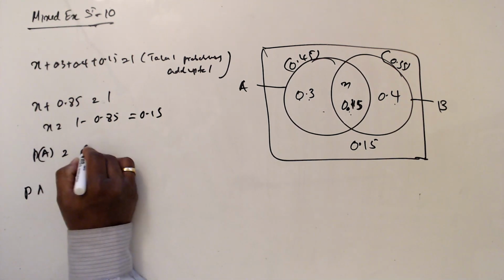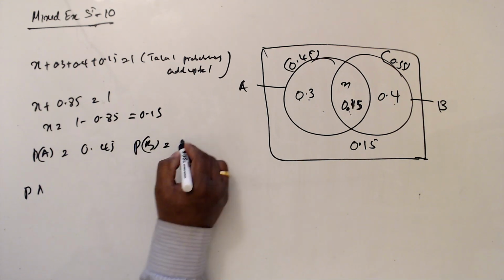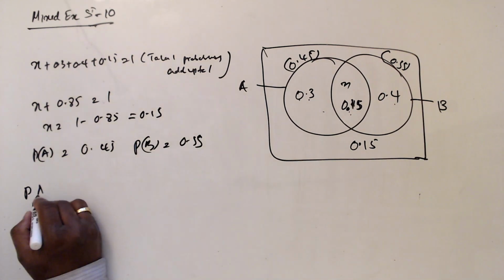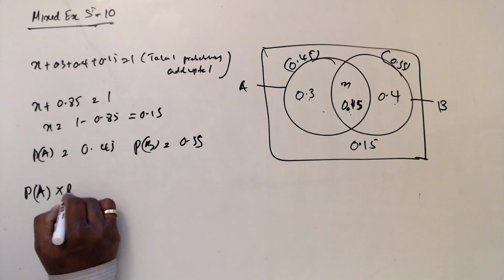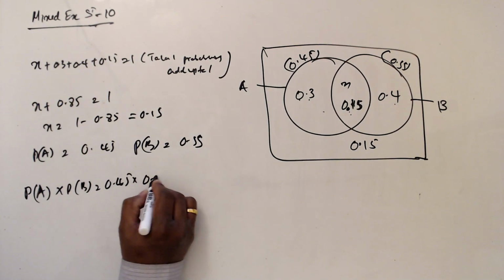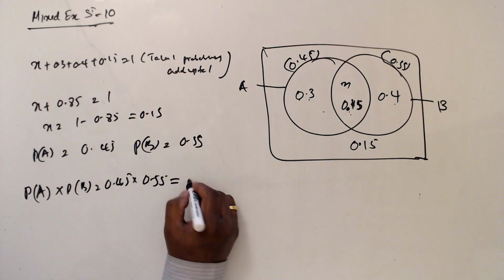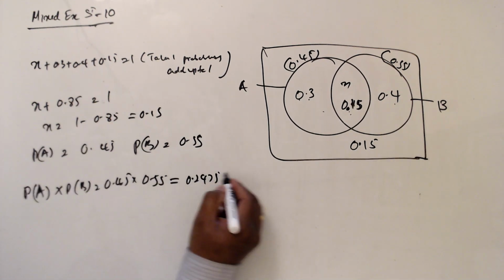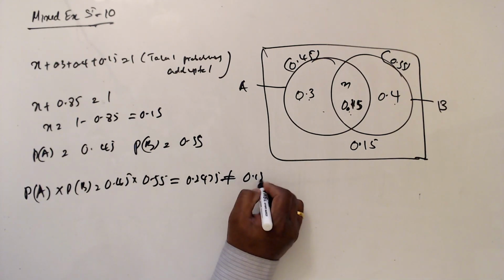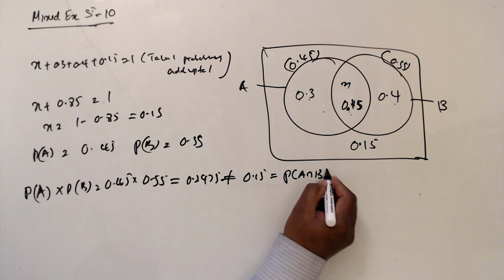P(A) is 0.45, P(B) is 0.55, so P(A) times P(B) is 0.45 times 0.55, 0.2475, not equal to 0.15, which is P(A intersection B).